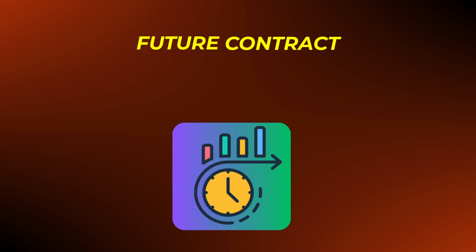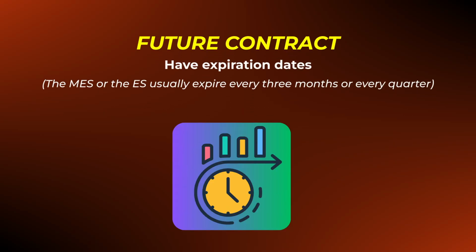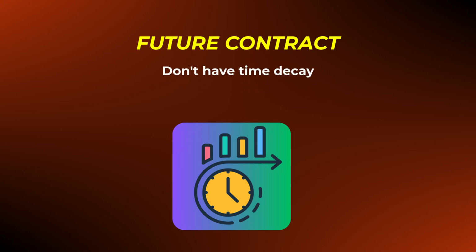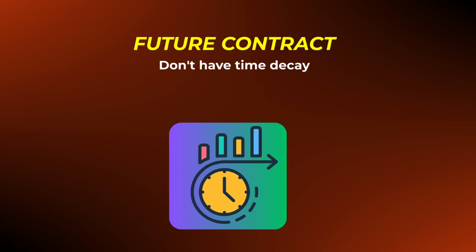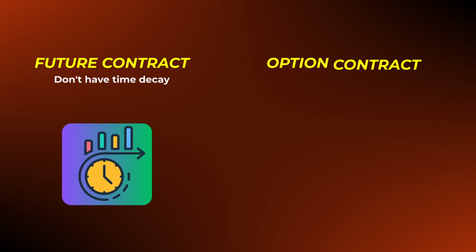Now, futures contracts have expiration dates. They usually expire when you're using the MES or the ES, every 3 months or every quarter, but they do not have time decay. That's what differentiates futures contracts from futures options or any type of options.